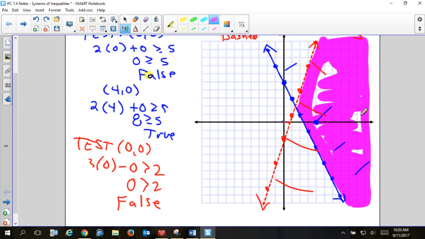There's infinitely many. Every single point I'm shading right now works. It has a little triangle on top, only has blue. Right? So it's only where the two of them overlap.